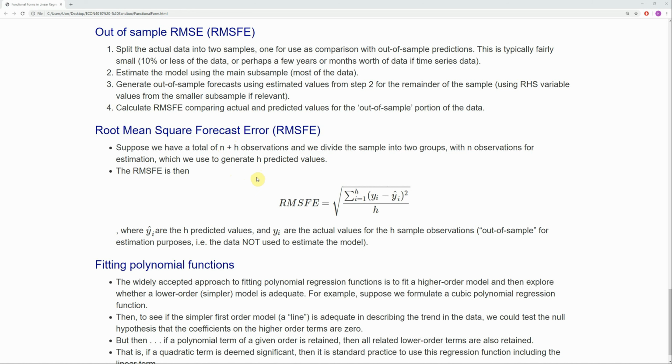Then the predicted values for index from 1 to h in the test sample give you the actual observations that were not used in the model. Then you can use the predicted values y hats from your models and calculate the root mean square forecast error for any specific model that you are working with. And then at the end, you can compare those numbers.